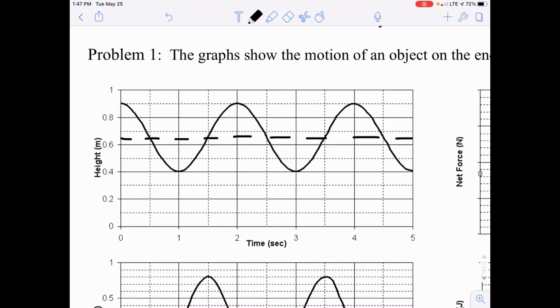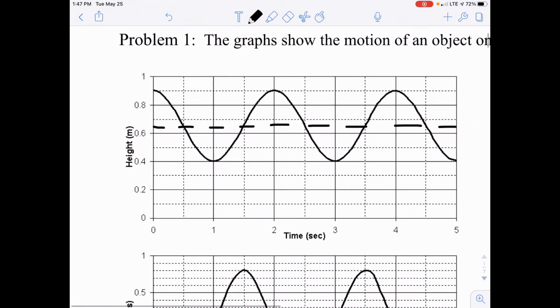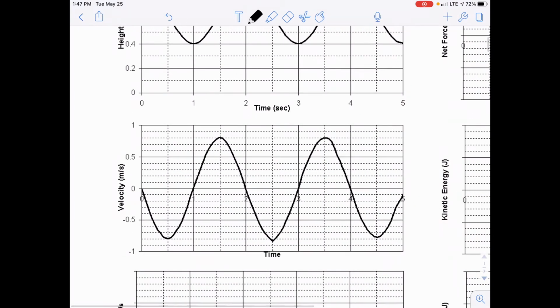Now, the next thing that would be helpful to know: they're calling it height, so we'll just say y. y is proportional to cosine of t. This is a cosine function. Your velocity function is clearly a negative sine function.